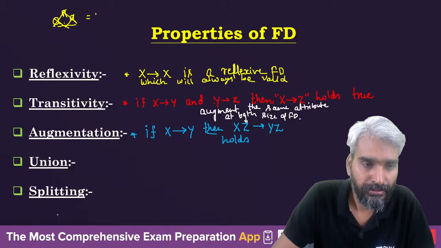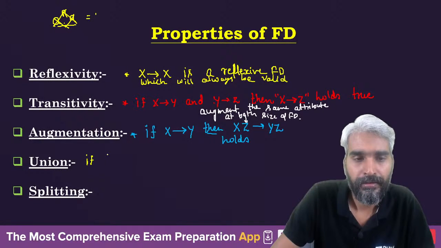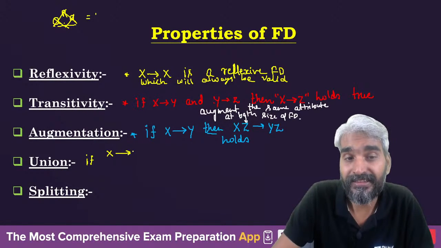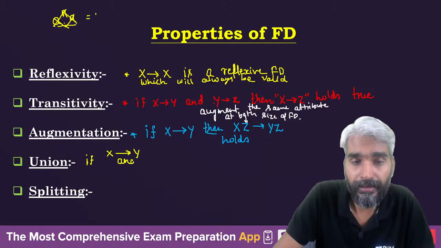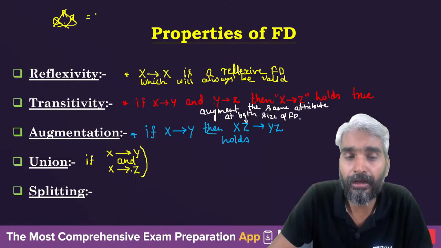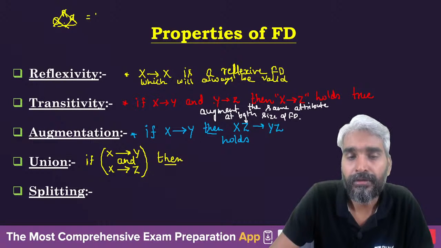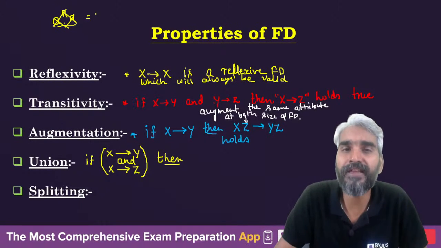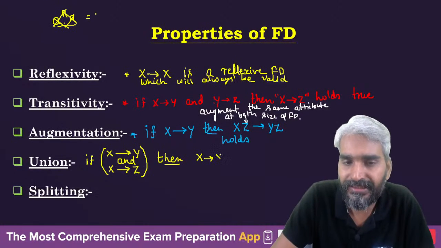Union. What does it say? Union tells me that if X implies Y and X implies Z, if both of them are true, then you can union these FDs.